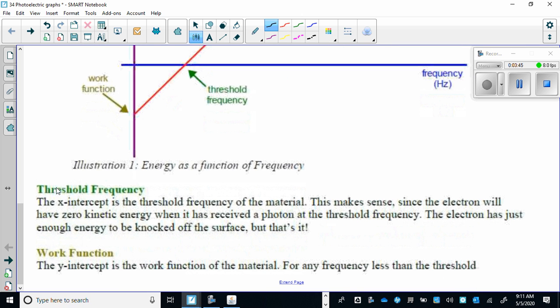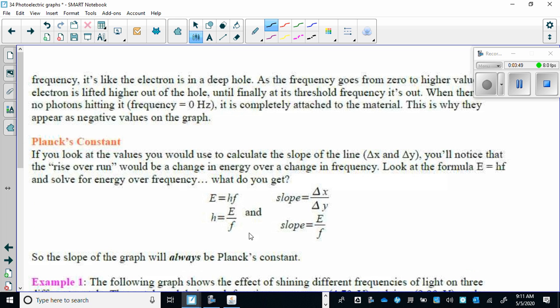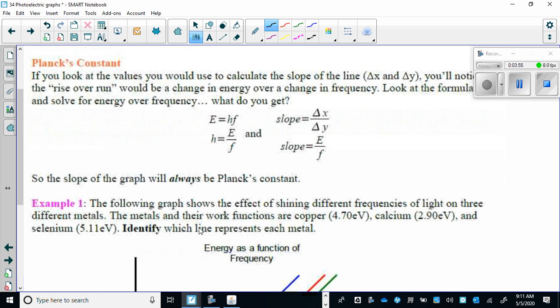So this is what graphs for various metals look like in the photoelectric effect. You can see the threshold frequency is the x-intercept, so the y-intercept is the work function. Now, I gave away the secret by going on to the next page. What is the slope of these lines? The slope of the lines is Planck's constant, because of this right here.